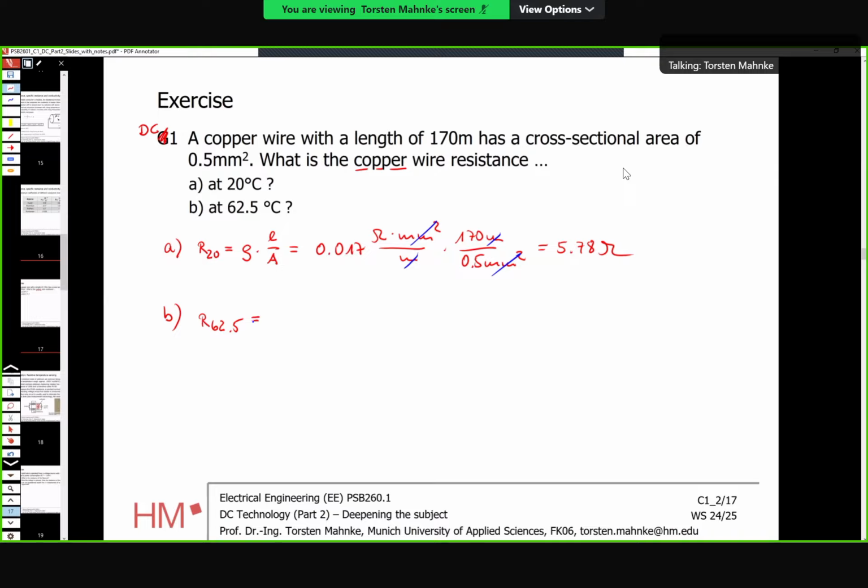We are looking for the resistance at 62.5 degrees Celsius. Okay, I will just start writing down the equation. I guess everybody probably has the equation because it's on the slide.